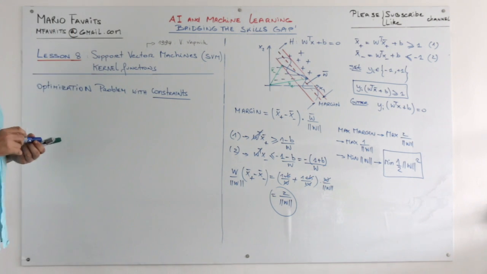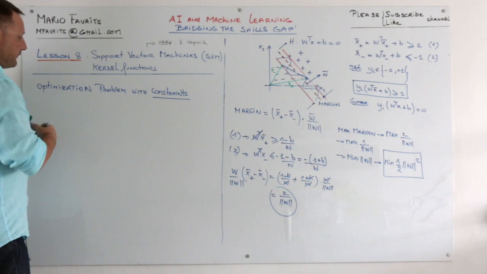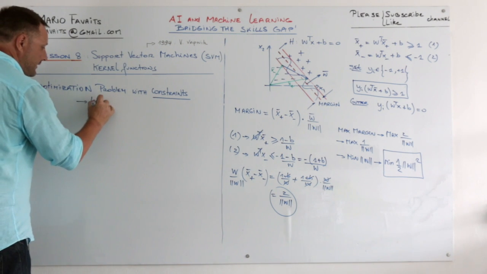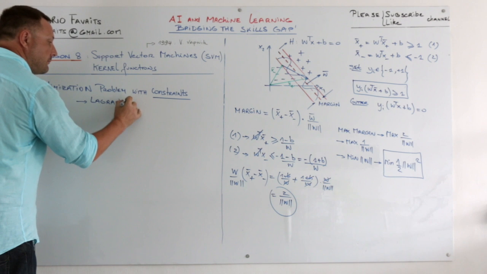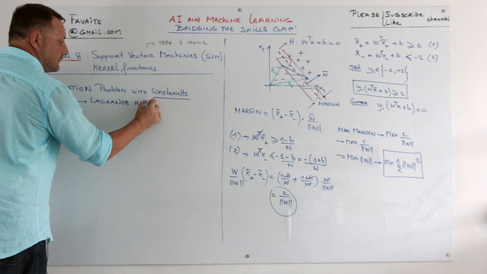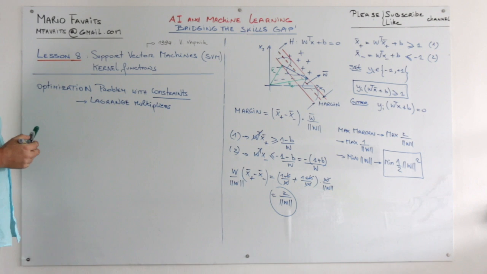But we know that optimization with constraints calls for the famous Lagrange multipliers, which you should know from the calculus refresher course. But there's one little thing here that I have not explained in the calculus refresher.